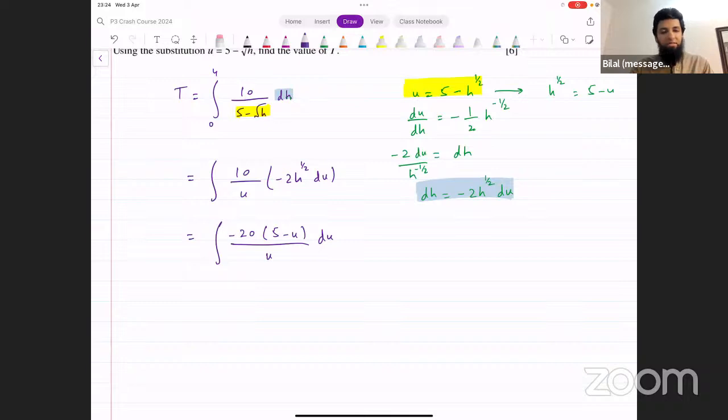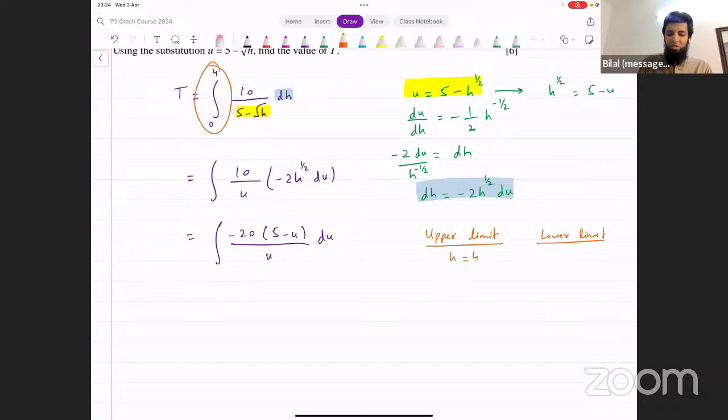Now we also need to change the limits. How do we change the limits now? Let's write down the limits here on the side. We need to write what the upper limit is, and we need to write what the lower limit is. What's the upper limit? The upper limit is h equal to 4.